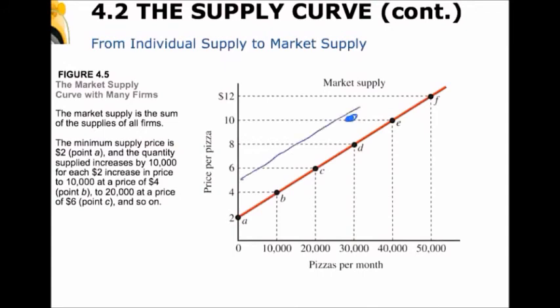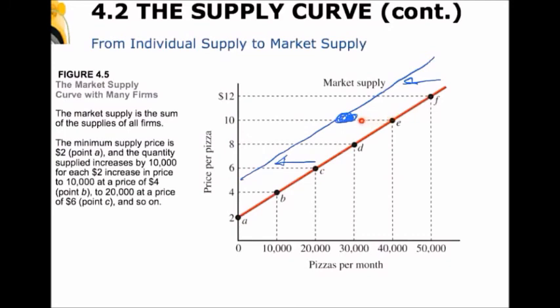Now, this is a little difficult when we look at the shift of supply curves, because it looks like the supply curve is moving up, and that might be an increase in supply. So what you want to do is be very careful and say, if there's a decrease in supply, it means that the quantity supplied at any given price has gone down.